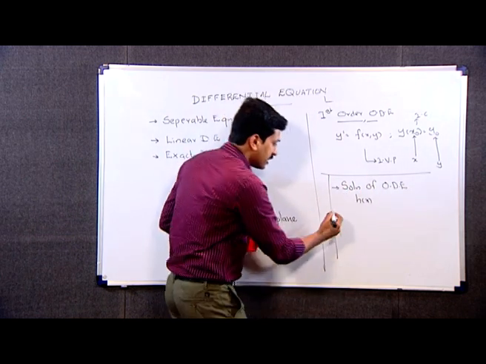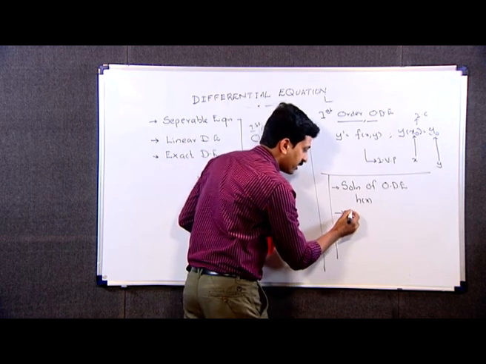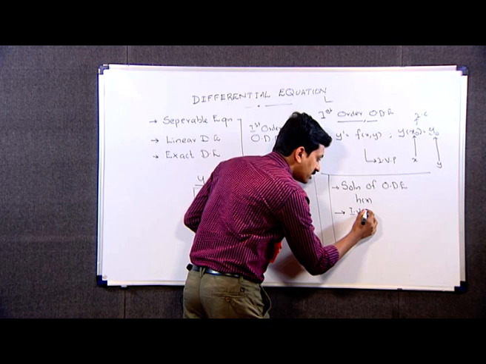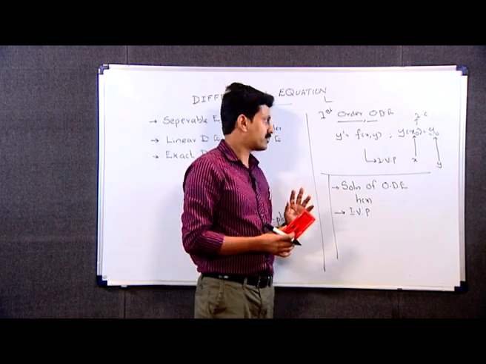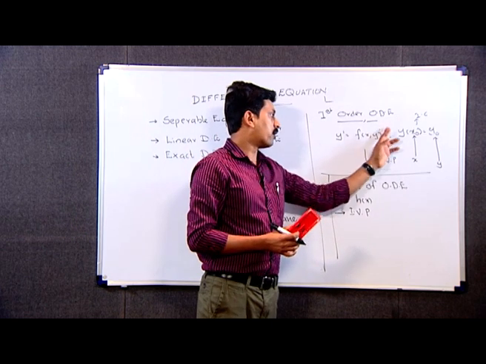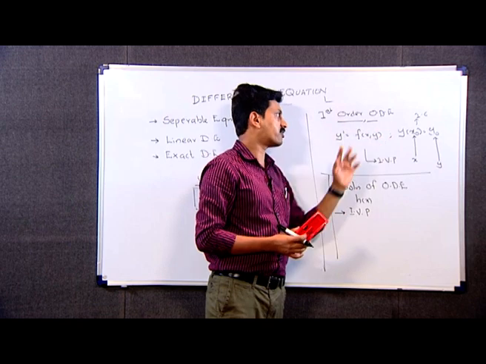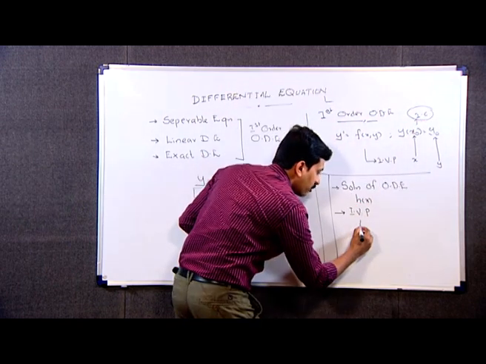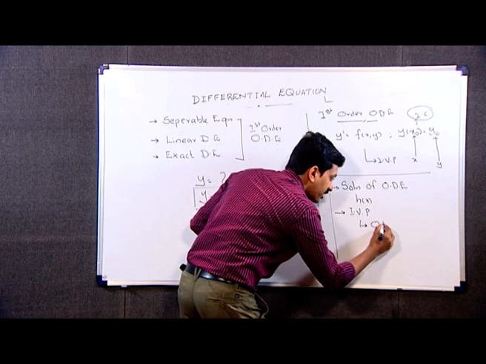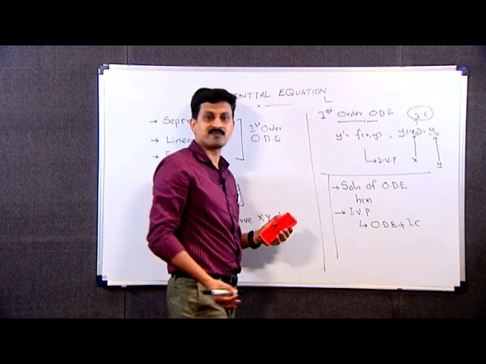We also discussed the general form of an ODE and the initial value problem. The first order initial value problem is an ordinary differential equation with an initial condition; it is an ODE plus an initial condition.